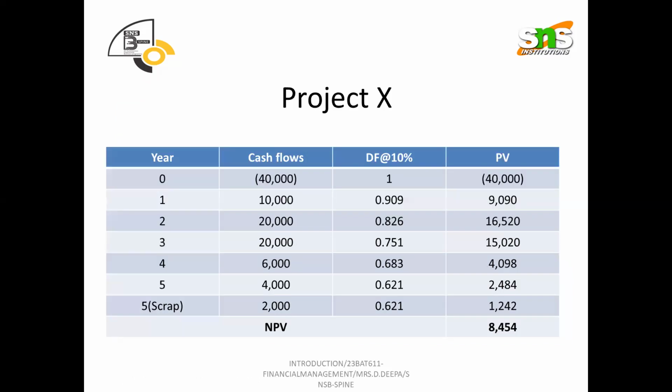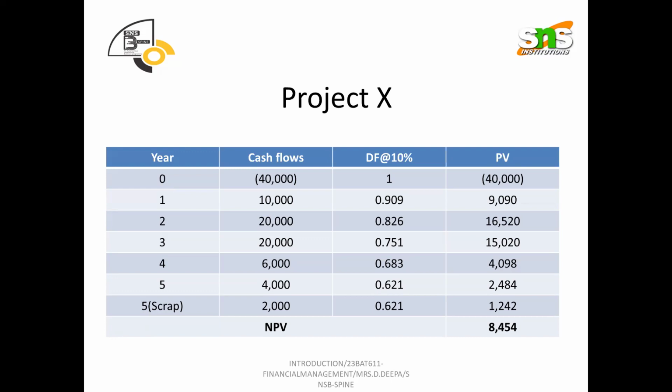Now, first we do project X. There are 4 columns: the years, 5 different years, the cash flows, and the discounting factor at 10%. This is also given in our question. Now, what is our duty? To calculate NPV. For calculating NPV, we need the PV first.